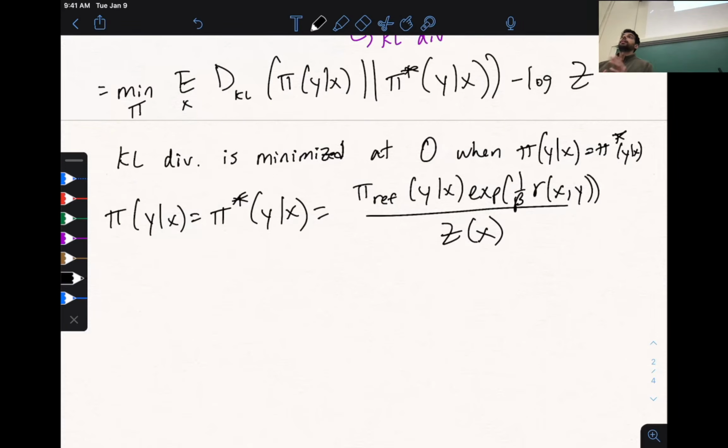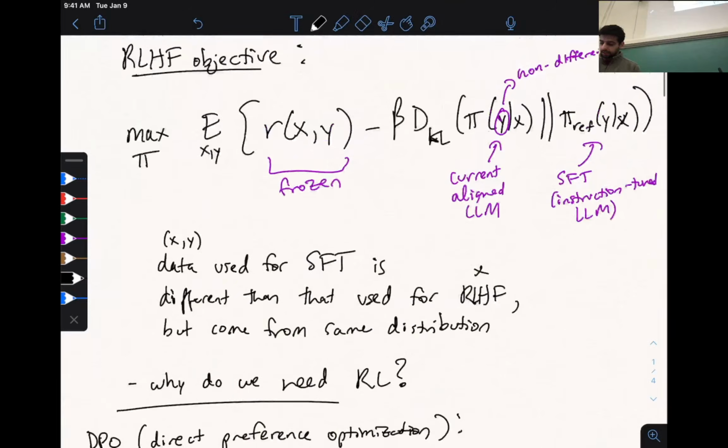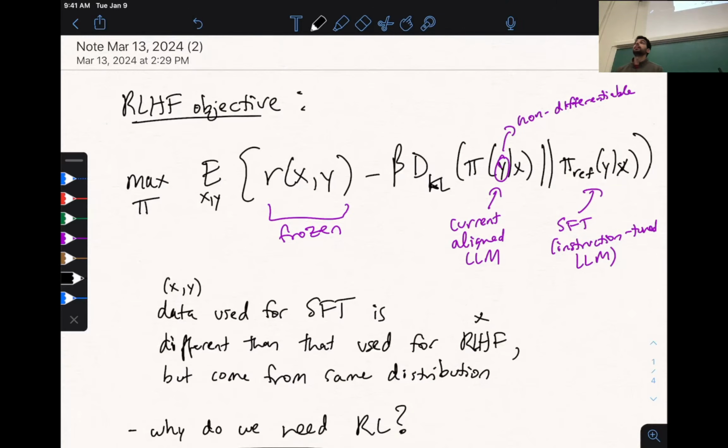Okay, so this has given us a closed form solution for this objective up here, the KL regularized maximization of the expected reward.